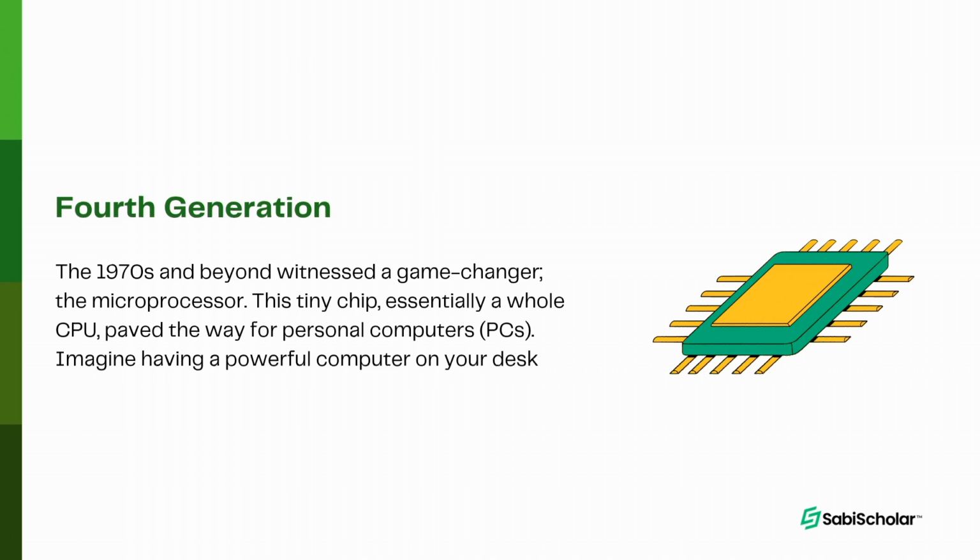But with the advent of microprocessors, it became easy to put an entire CPU onto a single chip. And it paved the way for personal computers, because back then, computers were so large that a single individual wouldn't have the finances or the space to keep them.